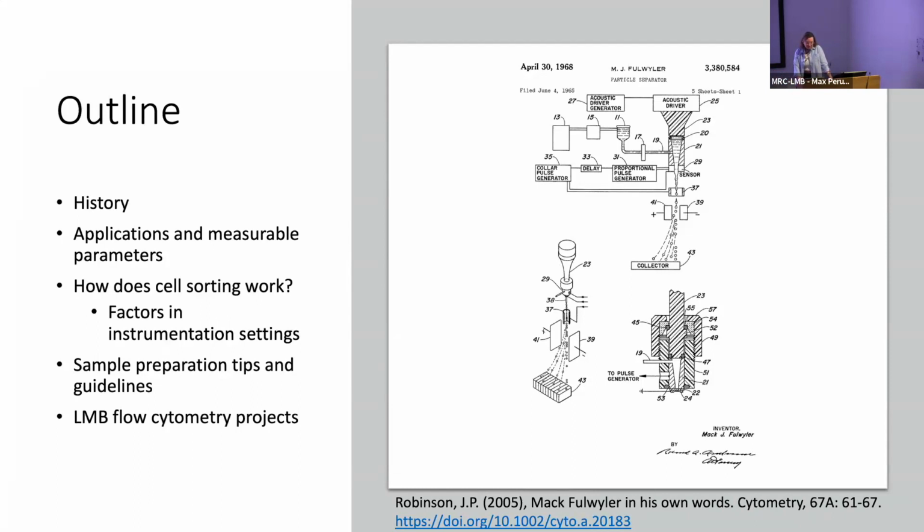So flow cytometry, cell sorting specifically, was actually developed around 1962 by Mac Fulwiler. And Mac had joined the Los Alamos laboratory in New Mexico, and with him, Marvin Vandilla. Their primary interest at the time was testing the effects of atmospheric nuclear fallout on food products.